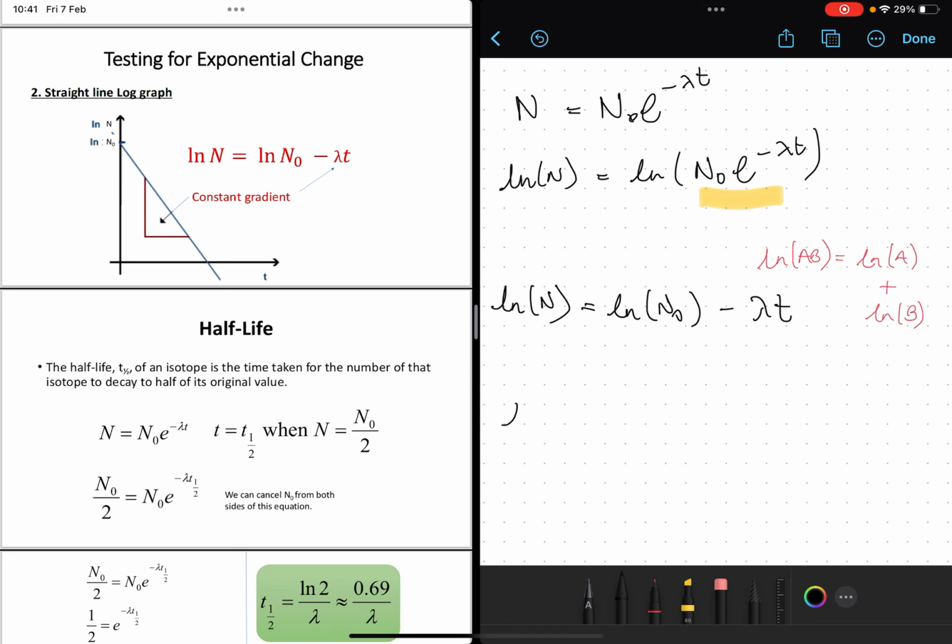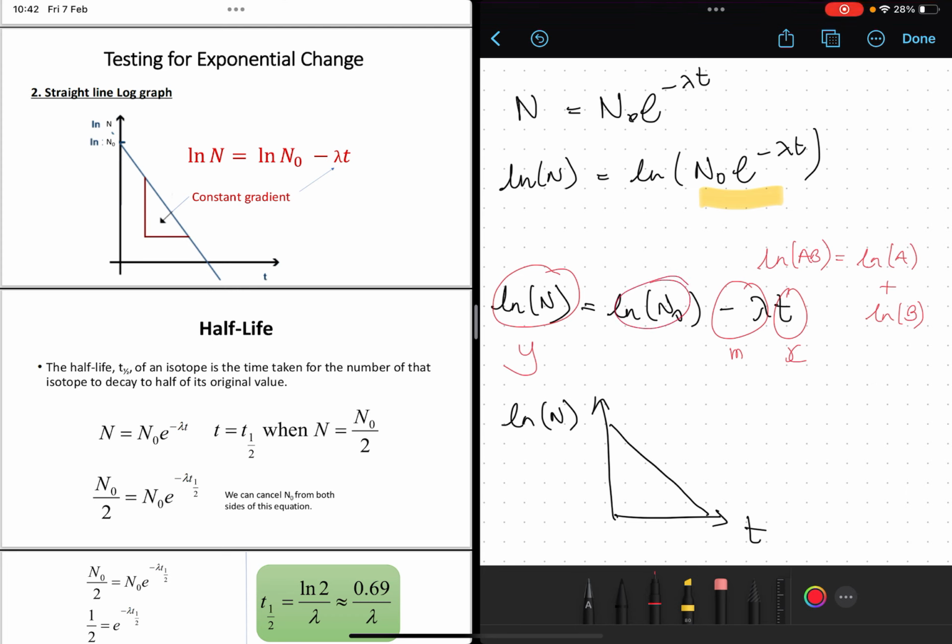So if we plot a graph of the log of n against time, we are expecting that to be a straight line graph. So there is what is plotted on the y-axis, time is on the x-axis. We're expecting a negative gradient, which equals the decay constant. It's a constant, so we're expecting a straight line, and there is the y-intercept.